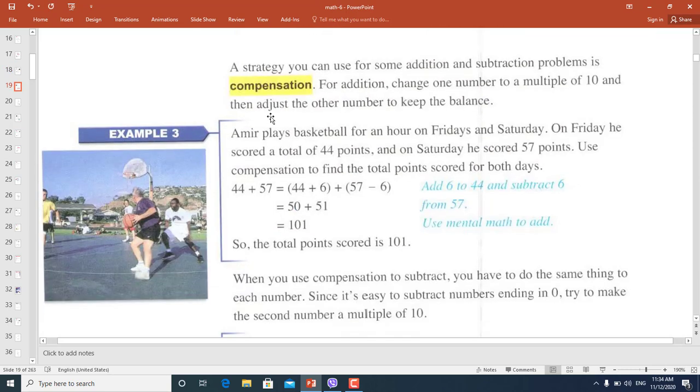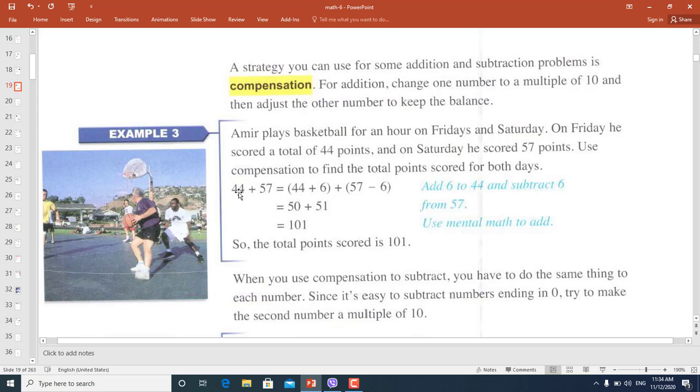We have another property, it's compensation. When you have two numbers to add together, for example 44 plus 57, we make one of them a multiple of 10. For example, we can make this 44 into 50, or this 57 into 60. Let us change 44 to 50.